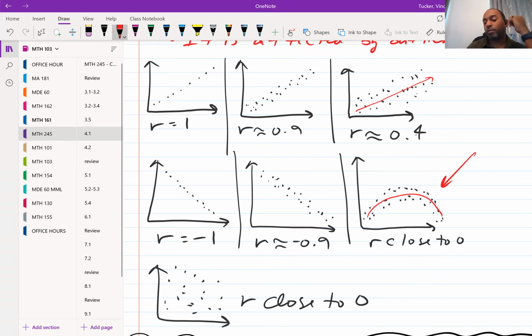So the arc, that would be 0 as well, or close to 0, because that means no linear relation. Does not mean it doesn't have a relation. There is a relationship here, which is an arc, but it's not a straight line. So that's why that would be close to 0. And then no relation at all would be close to 0 as well.